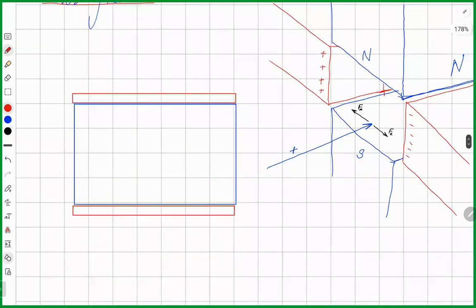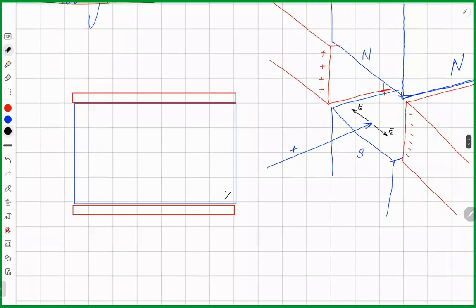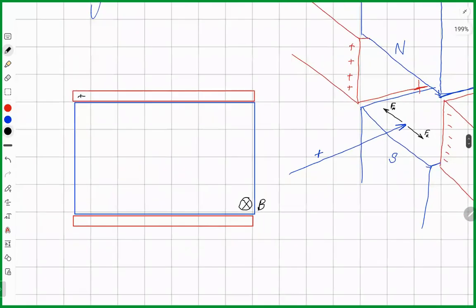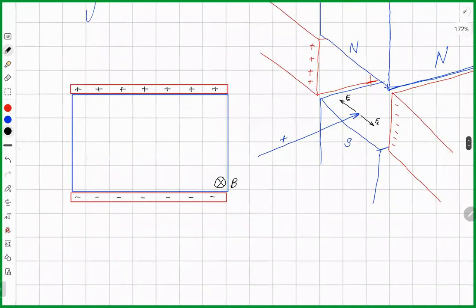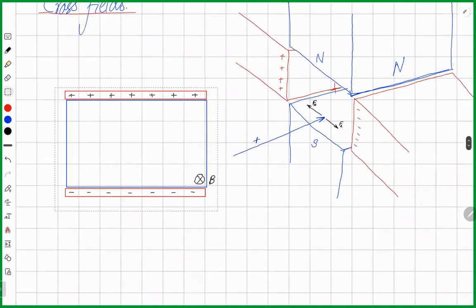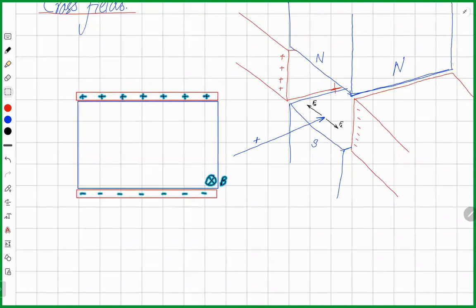The magnetic field is from this point of view into the plane of the screen. The upper plate is positive and the lower plate is negative.